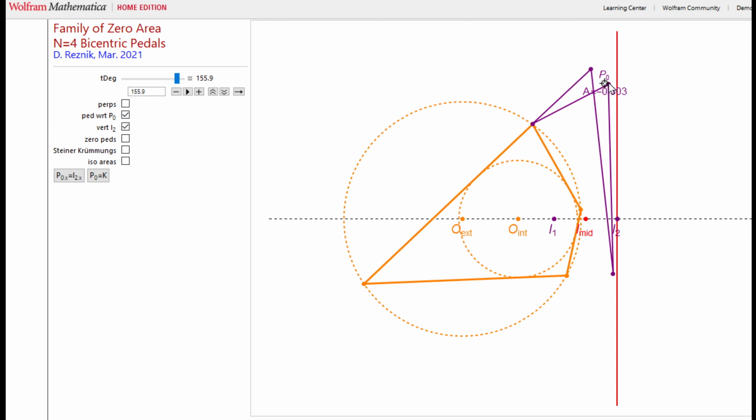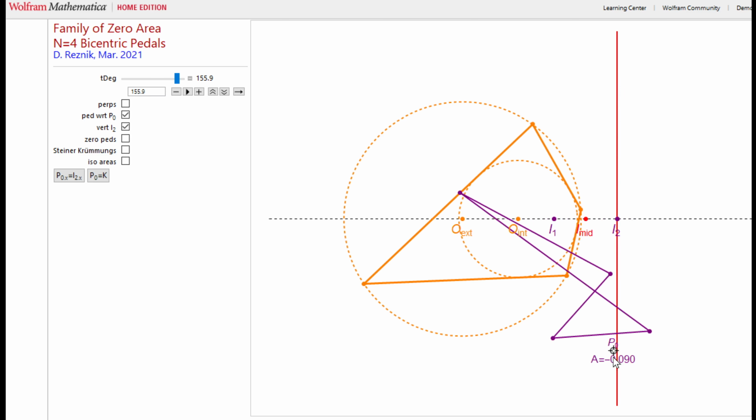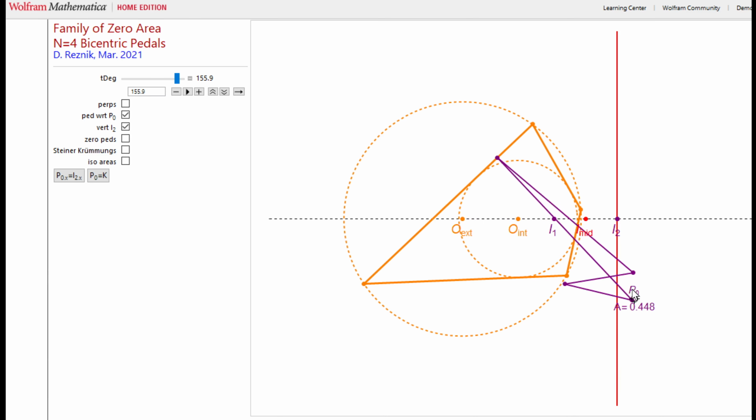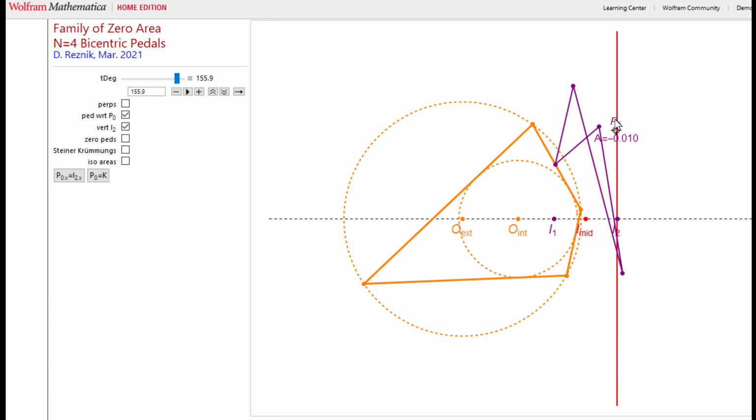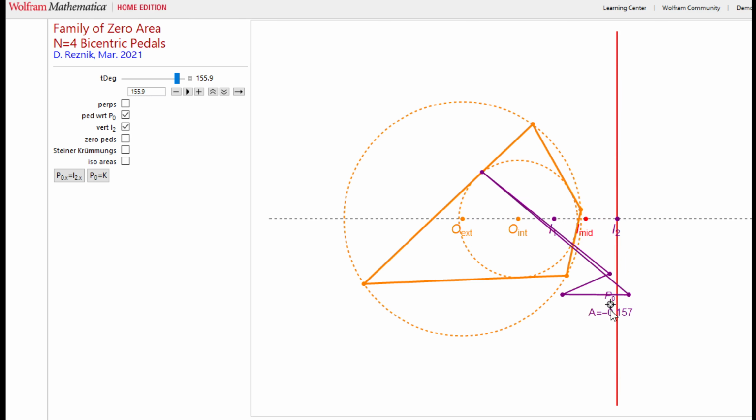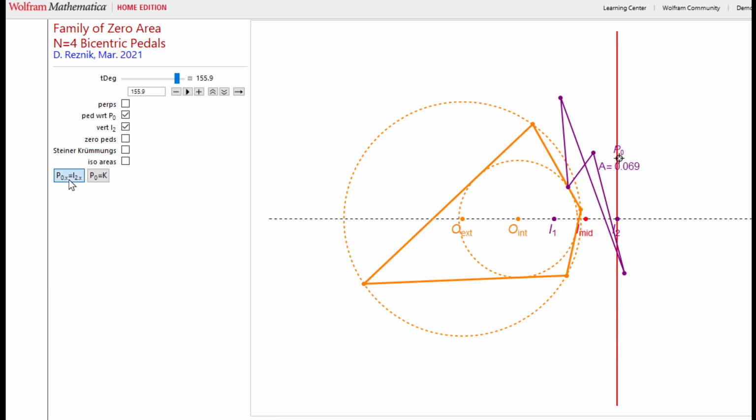And what I'm saying is that if the x coordinate of P0 lies on this red line, this family that I'm sweeping here manually of pedal polygons with respect to P0 on this line, they all have 0 area. Of course, this is approximate because I'm having to drag this with my mouse, but wherever I place P0, if I place P0 exactly on the line, area is 0.